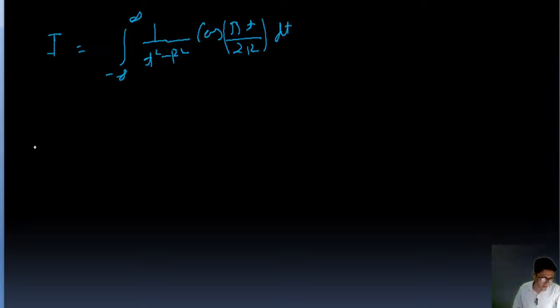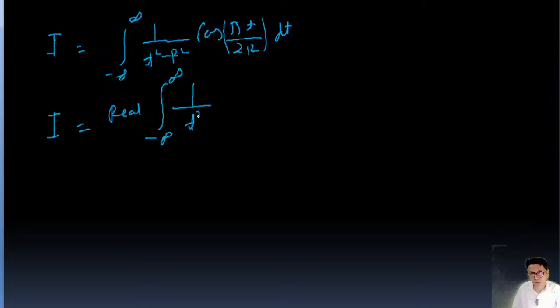Okay, so we can write this like this: I equal to real part of the integration from minus infinity to plus infinity of 1 upon t square minus r square, e to the power iota pi t upon 2r dt, because the real part of this is this function.